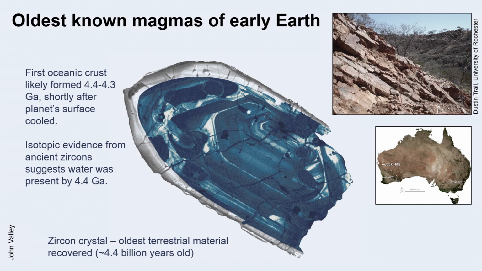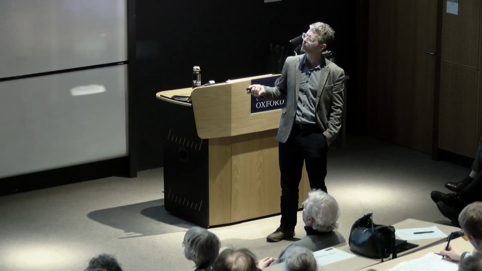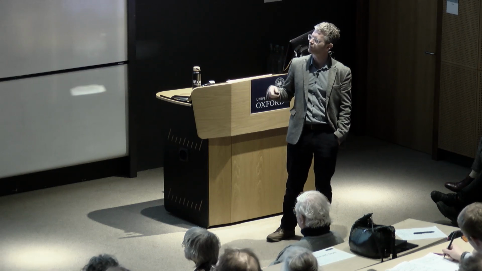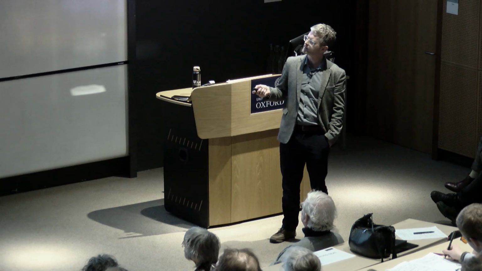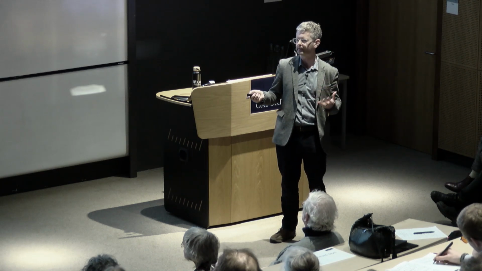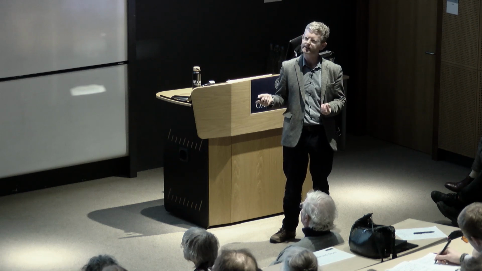And more recently, there's been a paper that used various machine learning approaches to look at a multitude of these crystals. And they found evidence that there's possibly a sedimentary source for some of these zircons. And what that's telling you is quite tantalizing.